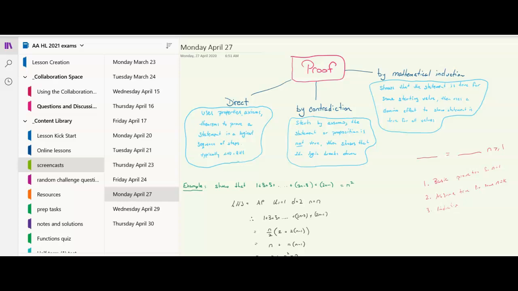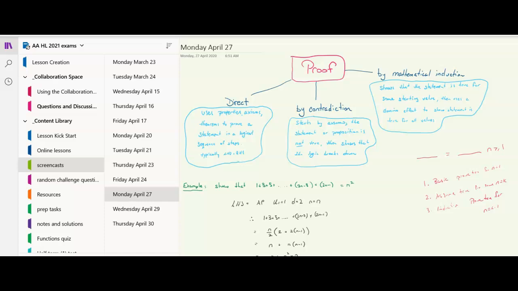We prove it's true for n equals k plus 1. So we say, okay, if it's true at n equals k, we prove that it's true at the next one. The combination of steps 2 and 3 essentially says that if it's true at one domino, then it will knock the next domino over. Then you go back to step 1 and say, hang on a sec, we proved it was true for 1.